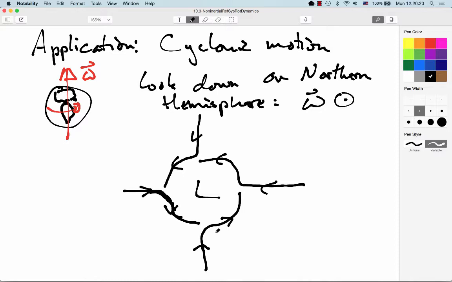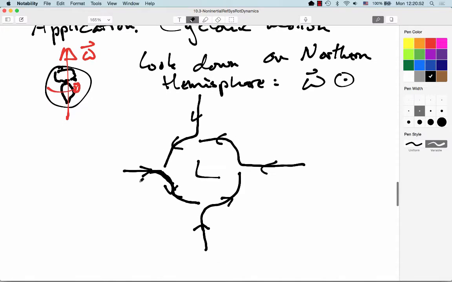This effect barely matters on any human-sized scale, but on a planetary scale, it does start to matter. And so this counterclockwise flow is what drives things like, say, the trade winds and the prevailing winds in different parts of the earth and stuff like that. It's a little more complicated than that, but we'll leave it there.